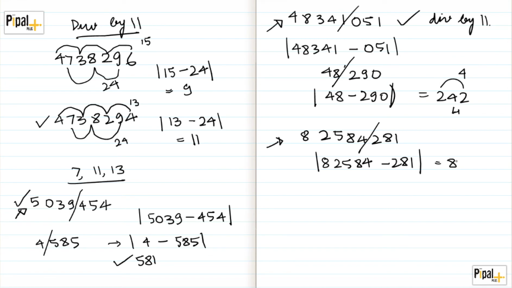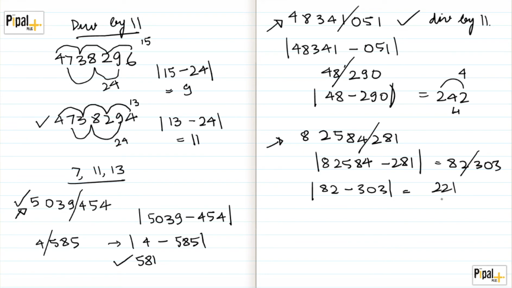I get 82303. I take the last three digits again. So this time I do 82 minus 303 and take the mod again. The difference is 221.